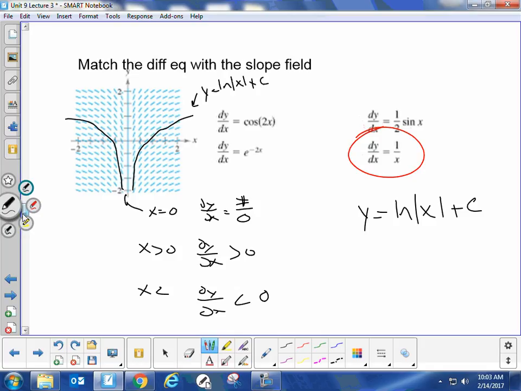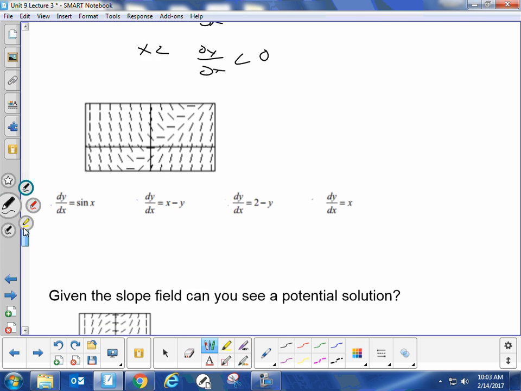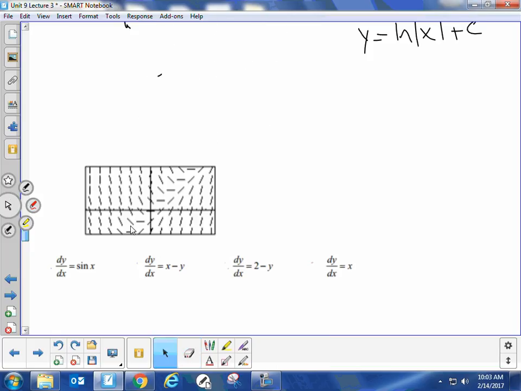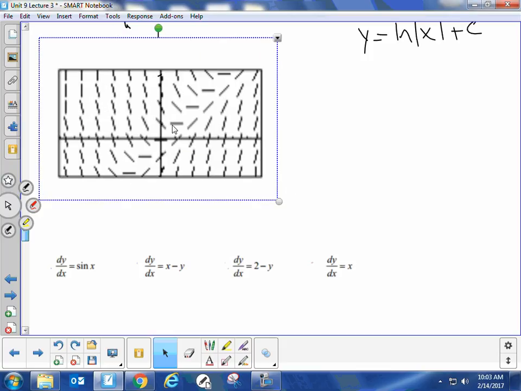Okay, let's do another one just like that. Here is a slope field. Tell me which differential equation creates that slope field. What are some things I look at? I have a line of 0 tangent slopes, and I have a line of tangent slopes that are 1.